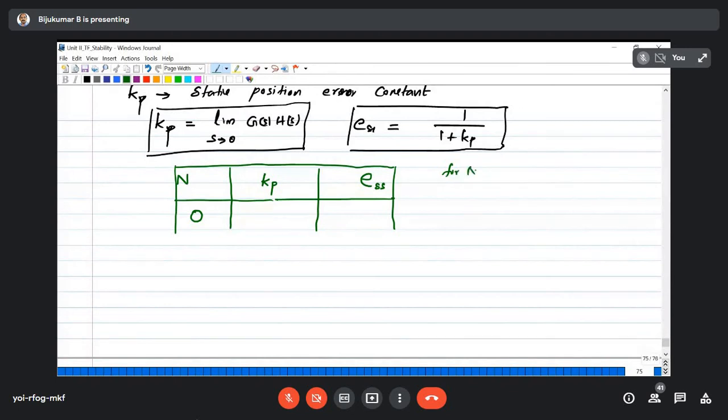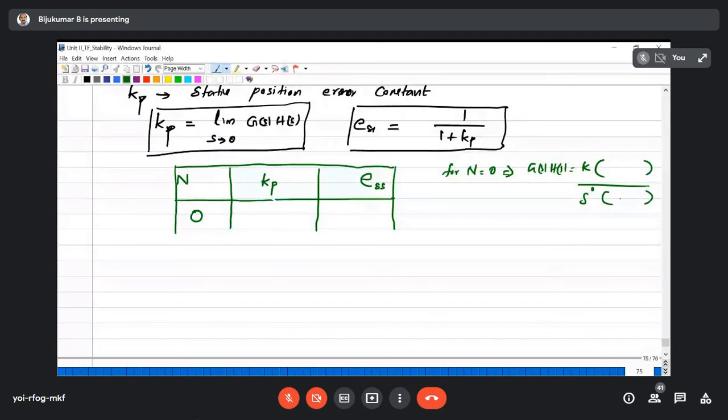For n equal to 0, G(s)H(s) becomes k multiplied by some s time divided by s raised to n, which becomes s raised to 0, multiplied with some s time, right? So in order to calculate the Kp, what we have to do is take the limit s tends to 0 of this, right? If you put s tends to 0, the s time terms become 0 here also.